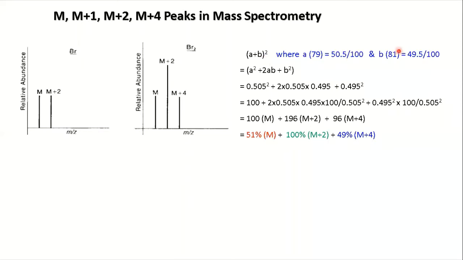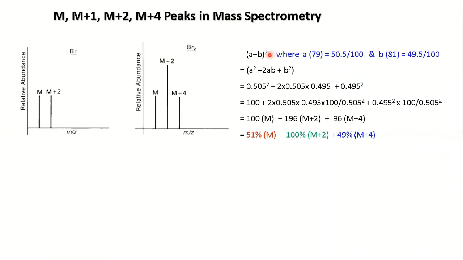As we have seen in the last class, how to calculate the percentage of different things: we have (A plus B) to the power n. Now n represents how many atoms of the same element you have. Here we have 2, that means you have 2 atoms.